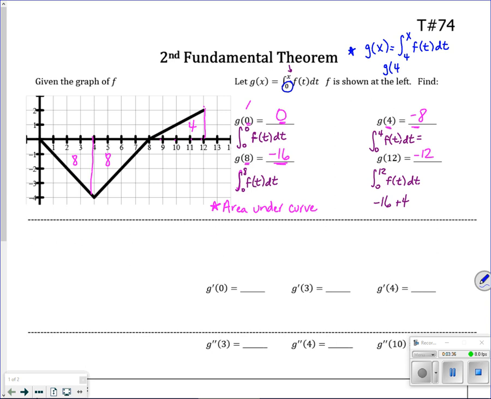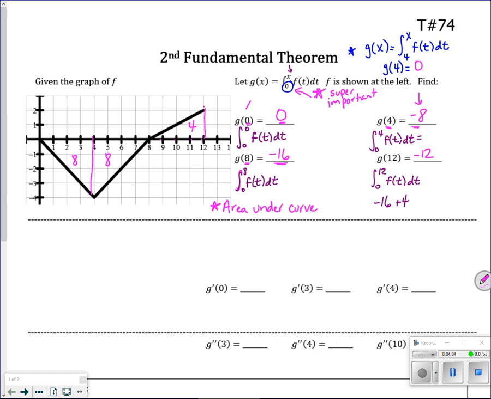If that bottom bound had been 4, then g of 4 would have been 0, not -8. So y'all, when you're finding that function's value, the bottom bound is very, very important. So put a big star right here and put super important. You can't just disregard that number and just kind of let it go.